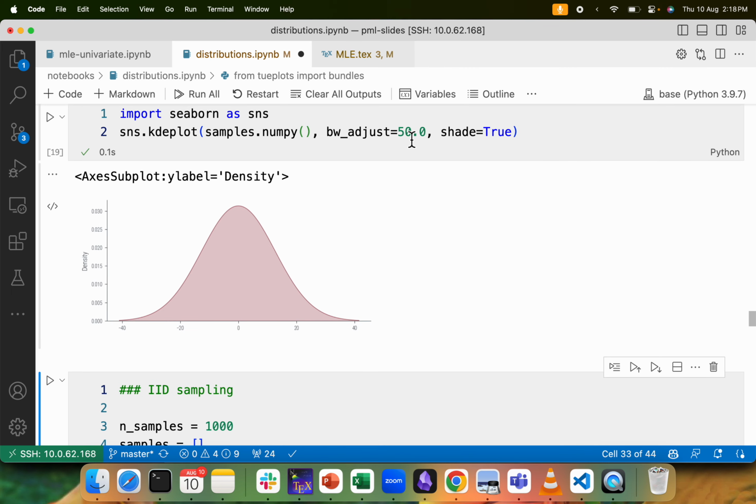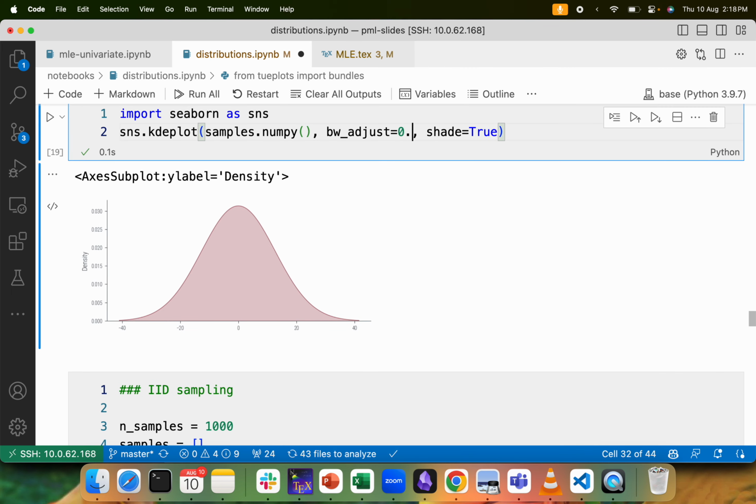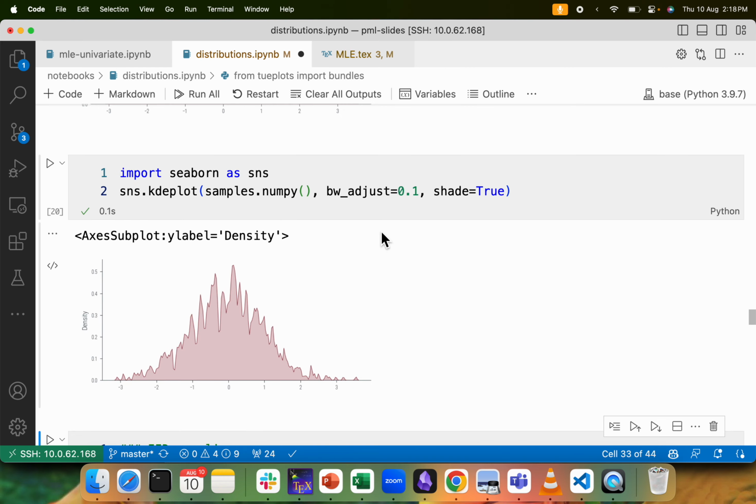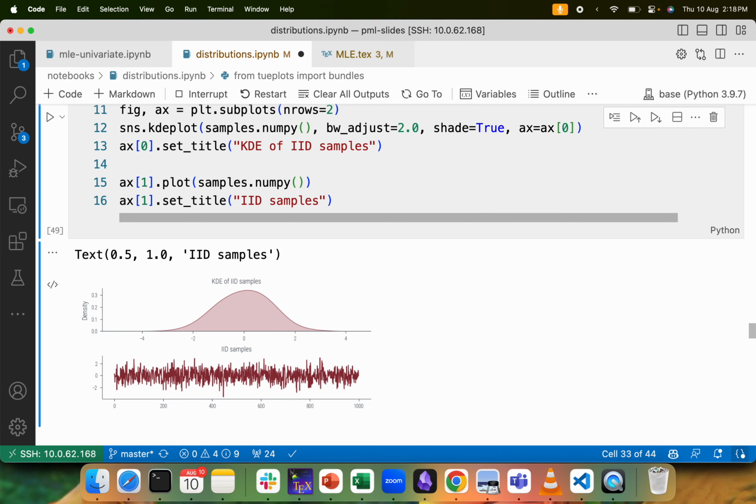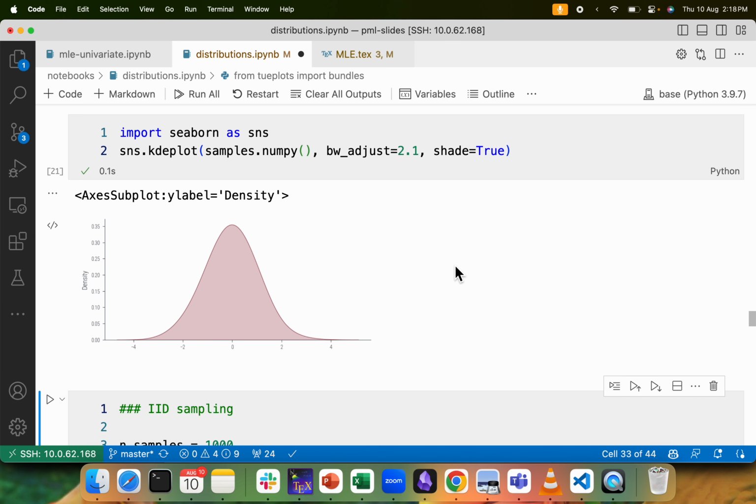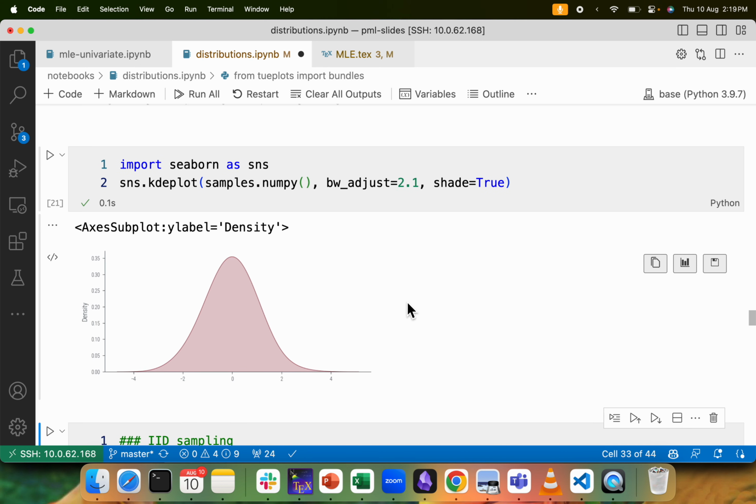Can you see the difference of 0.1 versus, let's say, 2.1, right? So without knowing anything much, what does bandwidth adjust do? It smoothens the signal that you're trying to consider, right?